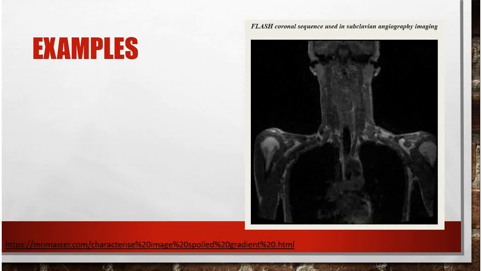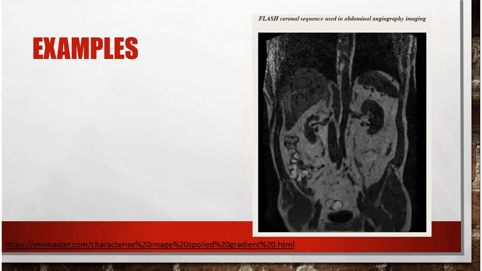And this is an image of subclavian angiography imaging, which is related to artery imaging. And this is an abdominal angiography image. We can see that the resolution is not perfect, but being a fast imaging technique, we can go with flash.